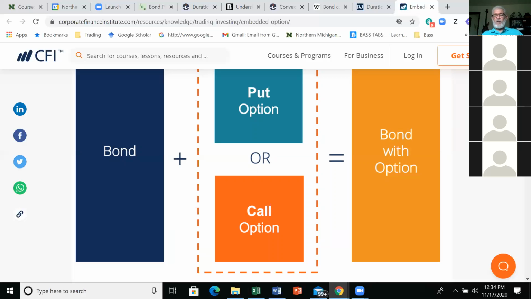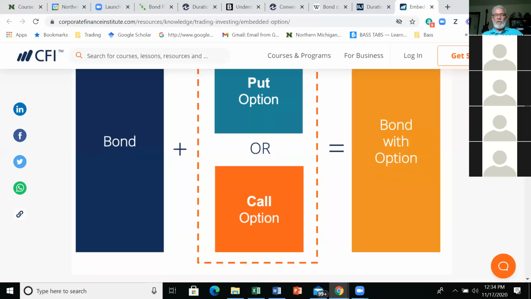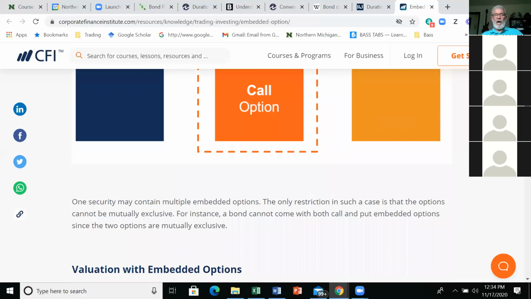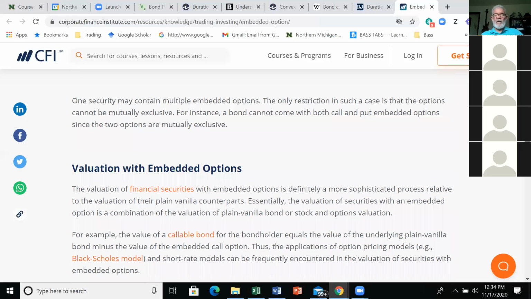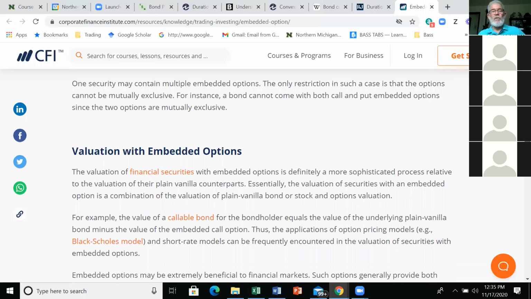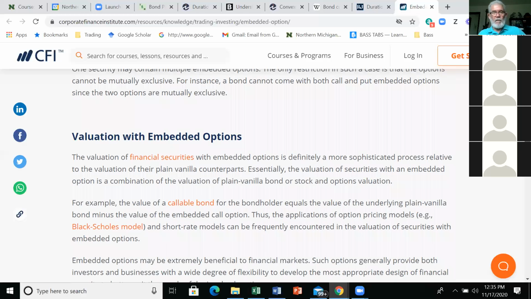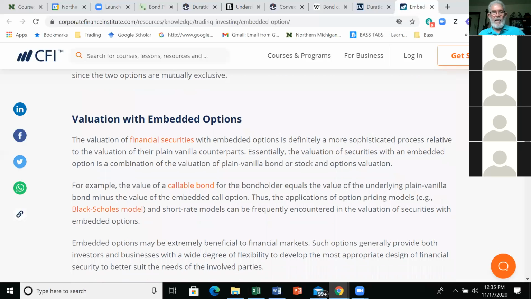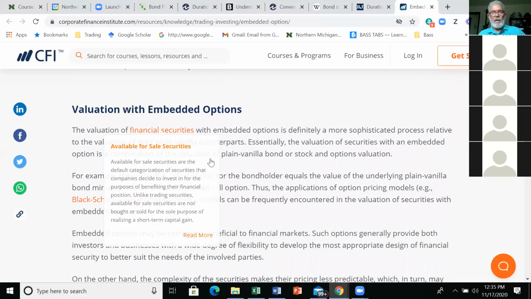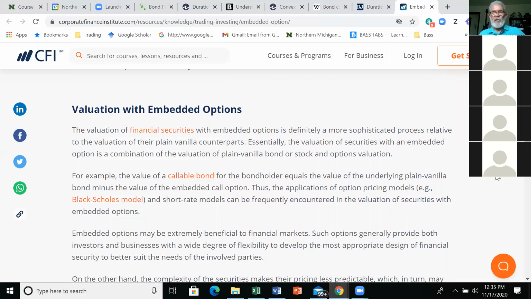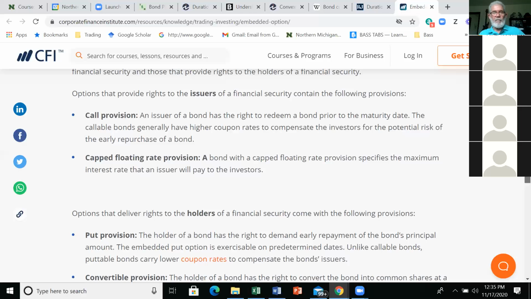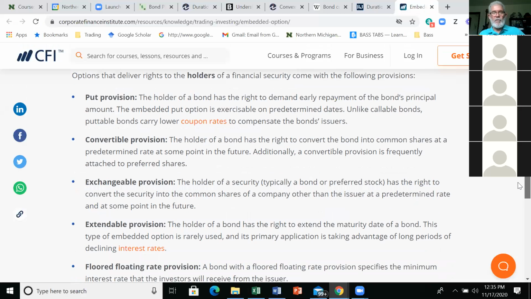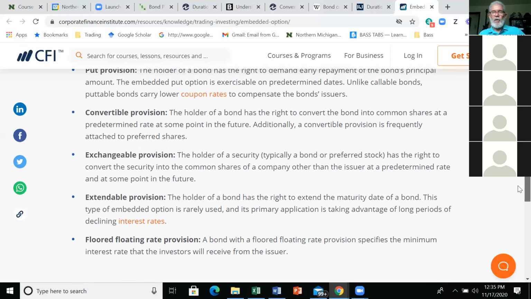So options are used as sweeteners in bonds, which means that it allows a little bit lower risk, makes it a little more exclusive to the investor, and allows them to get by with a lower interest rate or lower coupon payment. So we're not going to get into evaluating them, but here is the explanation. The types: call provision, cap floating rate, put provision, convertible. These are all what we call sweeteners.